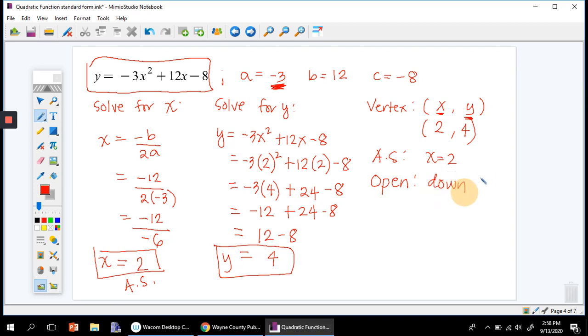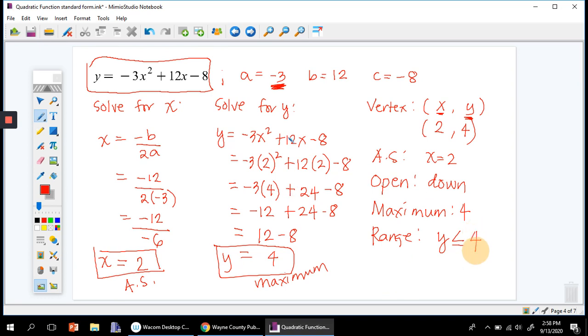So if it will open downward, therefore there is no minimum because it will continue to go down. You have a maximum value. What is the maximum value? This is your maximum value, which is 4. Okay, and what about the range? It will continue to go down, therefore the numbers are less than 4. So y is less than or equal to 4.